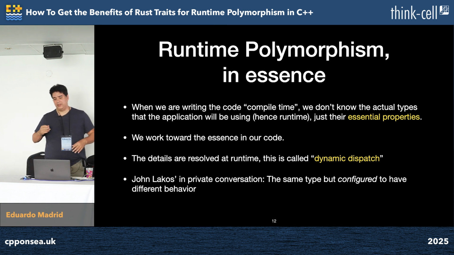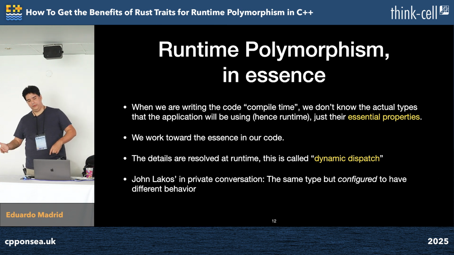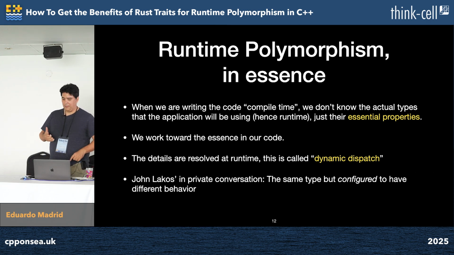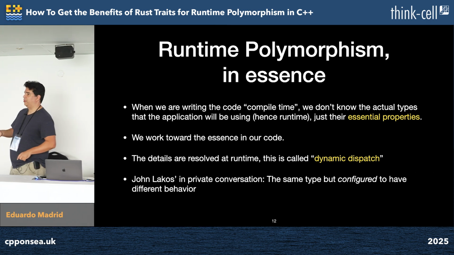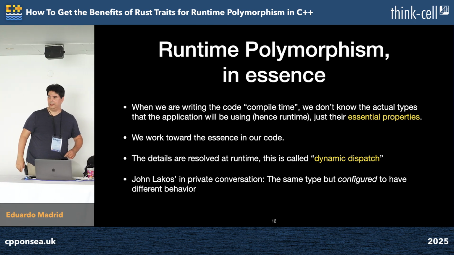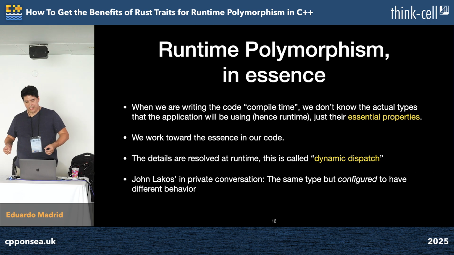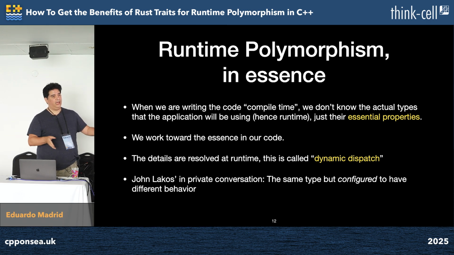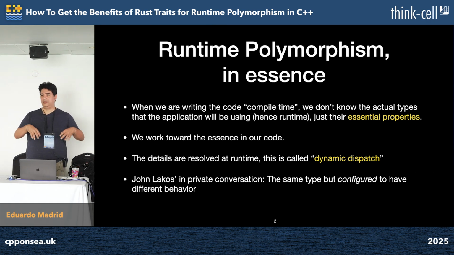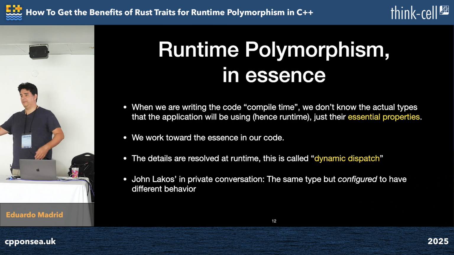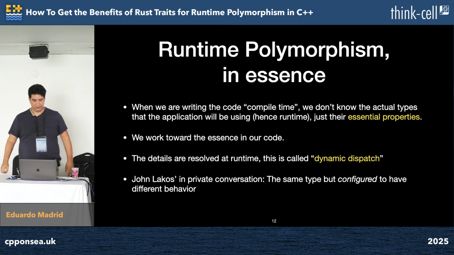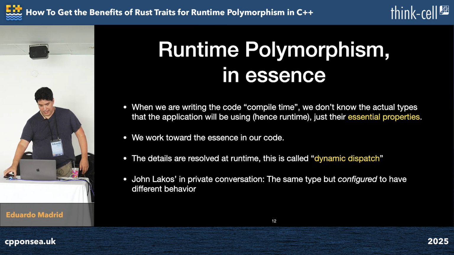We want to focus only on the essential properties, the abstraction that I told you about a moment ago, so we want to be working with the essentials in our code. When the details are resolved at runtime, that invokes the concept of dynamic dispatch, which we will revisit when we bind our implementation of runtime polymorphism, the mechanism for dynamic dispatch, and how to integrate it into the rest of the framework.